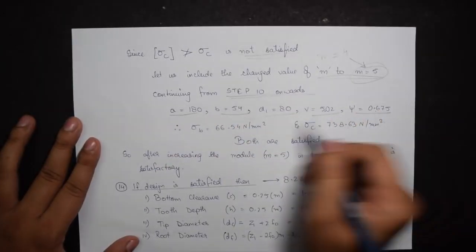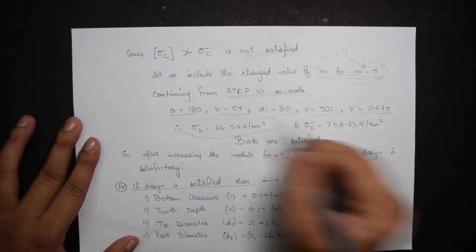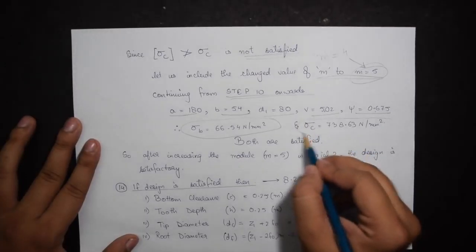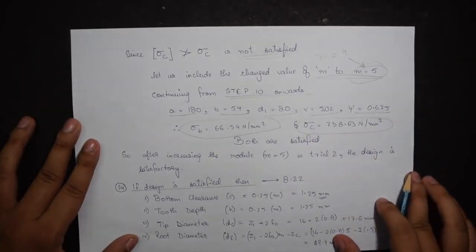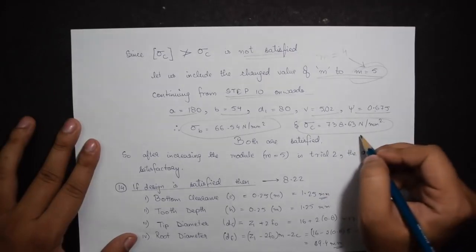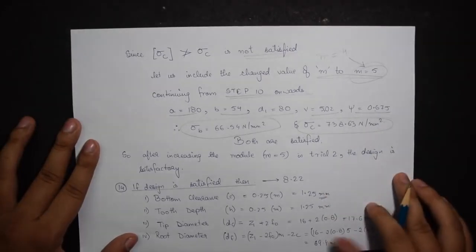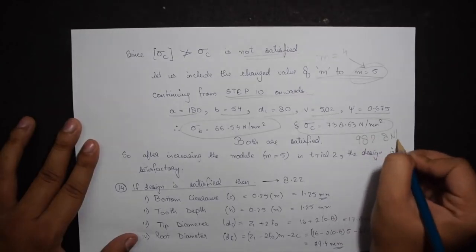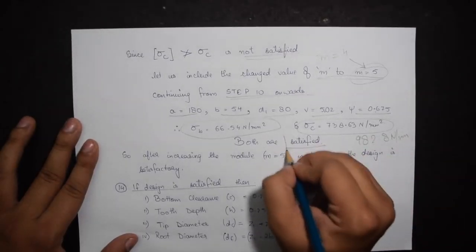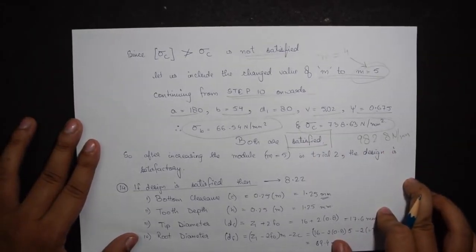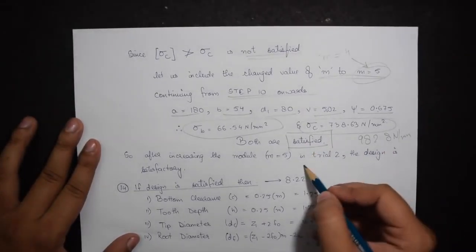Therefore, my modified value of sigma b becomes 66.54 Newton per mm square and sigma c becomes 738.63 Newton per mm square, which is obviously less than the designed sigma c, which came out to be 982.8 Newton per mm square. Thus, both my conditions are satisfied. So after increasing the module m is equal to 5 in trial 2, the design becomes satisfactory.